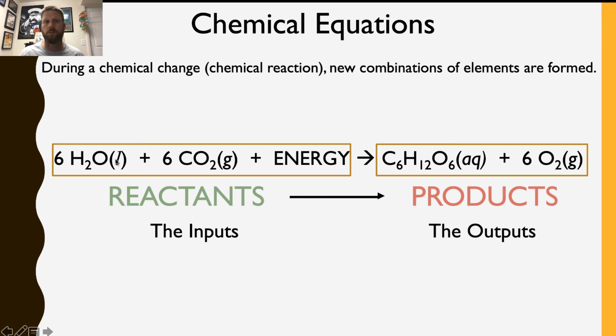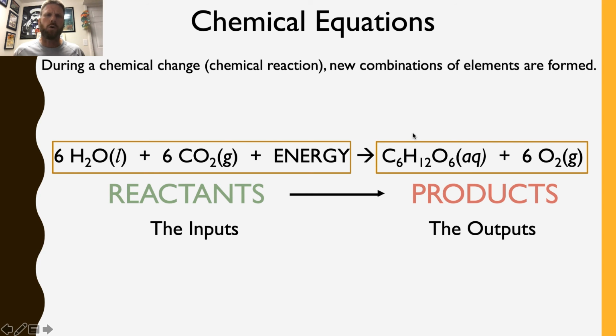If we look at the substances that take part in this reaction, we have H2O, water, in the liquid form. We have CO2, meaning we have 2 atoms of oxygen and 1 atom of carbon in this substance, carbon dioxide, as a gas. We have energy actually being put into the reaction this time to form glucose that is dissolved in water in an aqueous solution and oxygen gas.